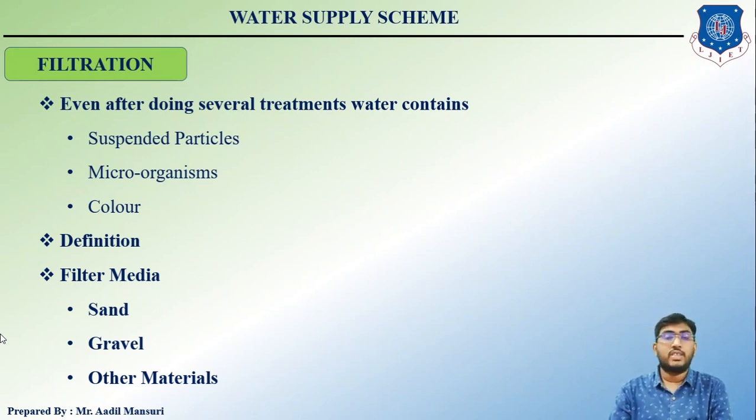Such properties include it should be free from dirt or other impurities, right? It should be of uniform size and nature. Then it should be hard and resistant, right? And if you place sand in hydrochloric acid for 24 hours, then it should not lose more than 5% of its weight.